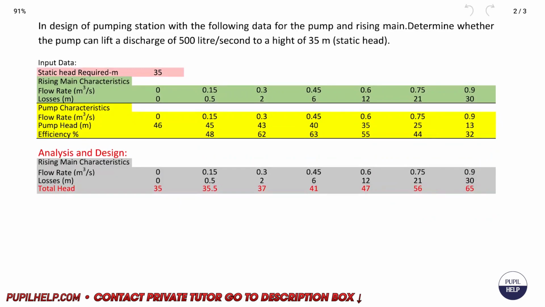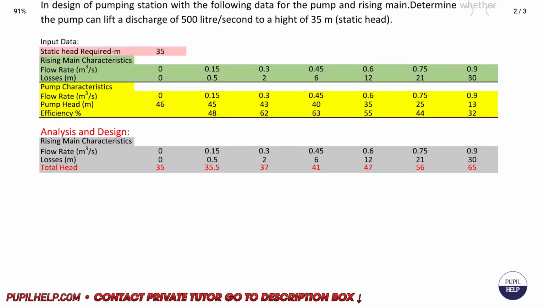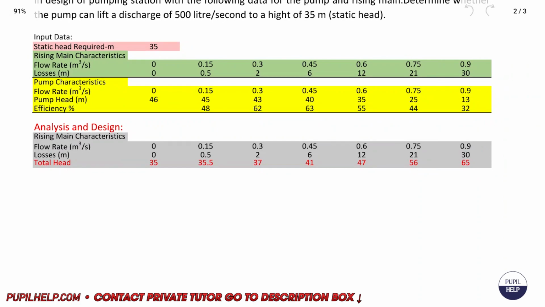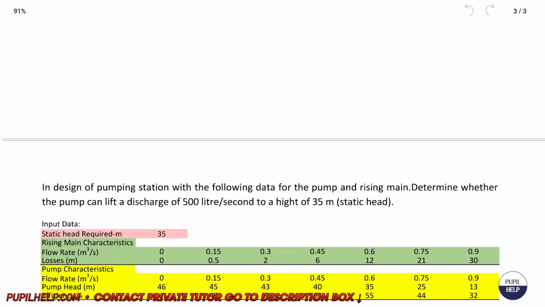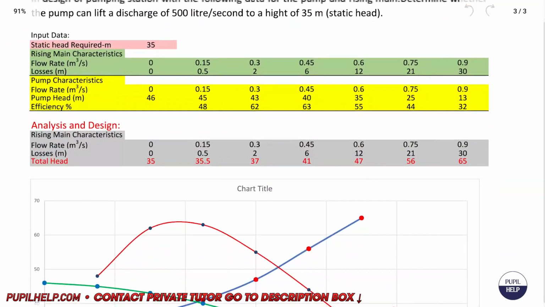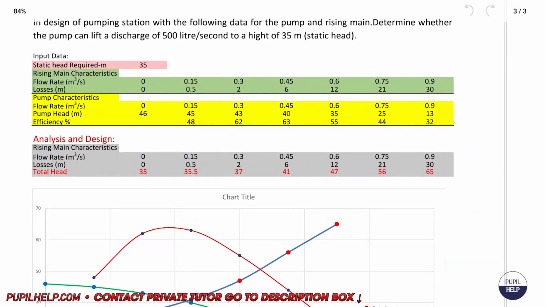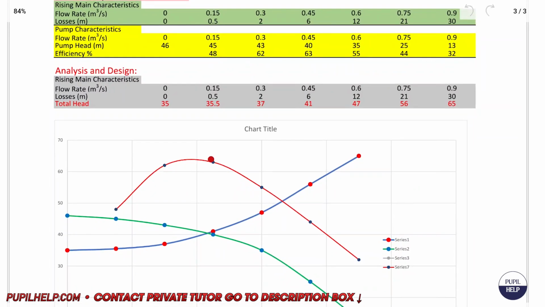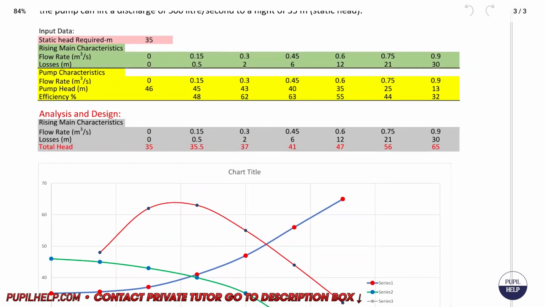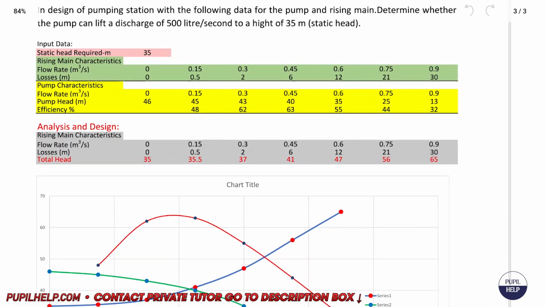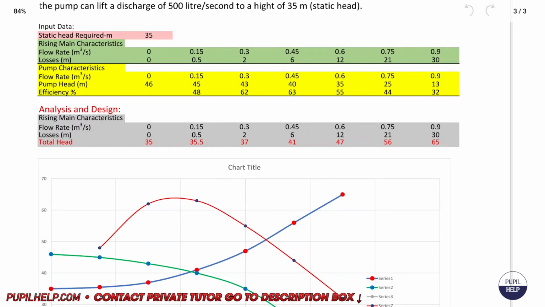graph the flow rate, this one. A graph here, it is the same as before, just we are going to graph these relationships. So now, the rising main. Now the blue line, this is the blue line.